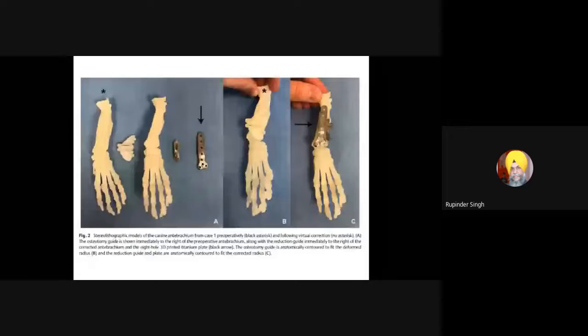If we can create those models, then a bone plate is created, and after removing the excessive bone, the plate is fixed. This is the area where this may be used.